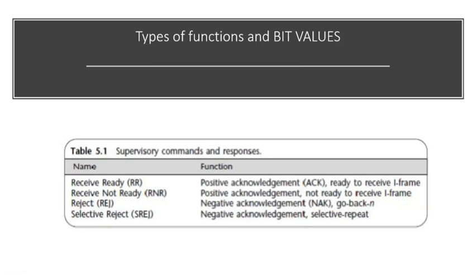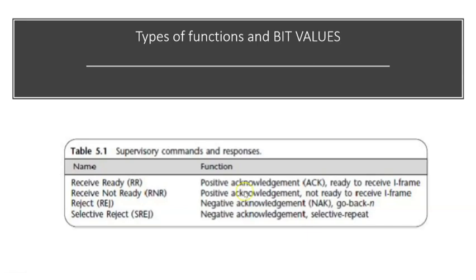Now the various types of functions are receive ready, receive not ready, reject, selective reject. Receive ready is a positive acknowledgement, ready to receive the I-frame. Receive not ready means positive acknowledgement, not ready to receive the I-frame. Consider that the receiver is busy. In that case, it will send back a frame with RNR. RNR means I'm not ready to receive your data now.